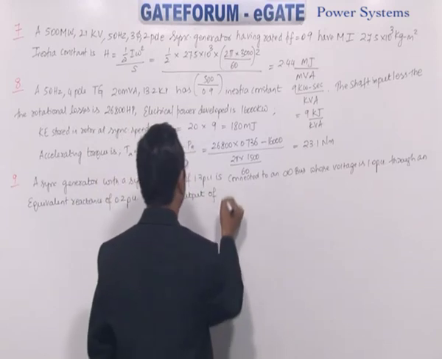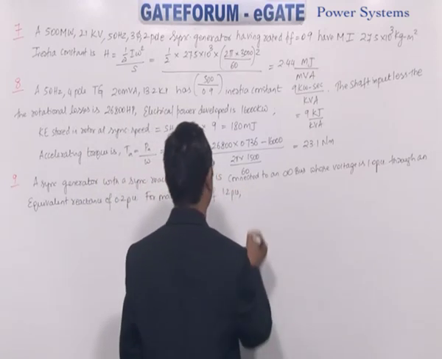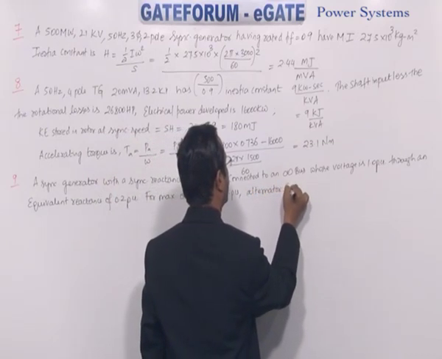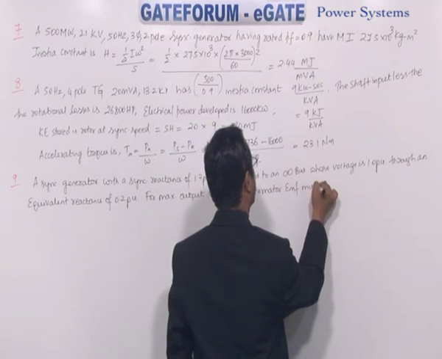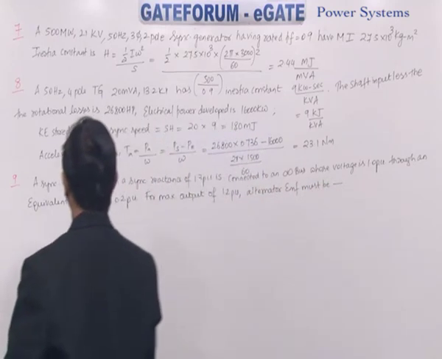For maximum output of 1.2 per unit, the alternator EMF must be. That is what you have to calculate.